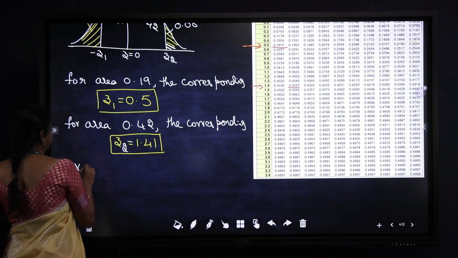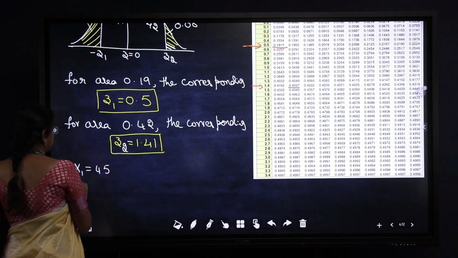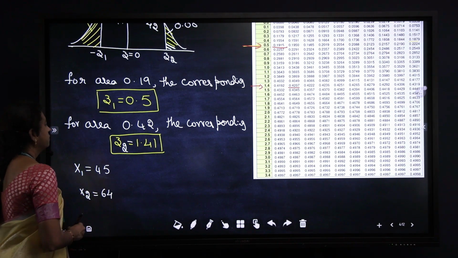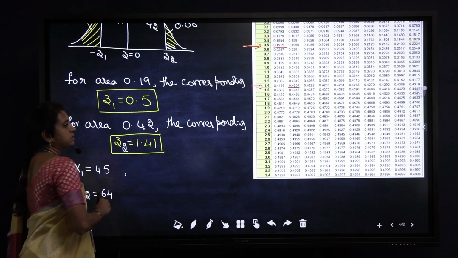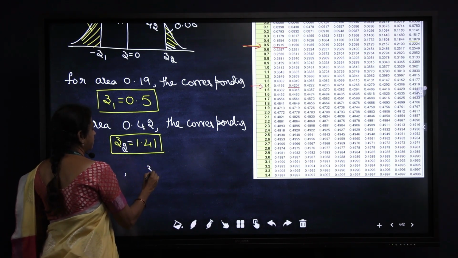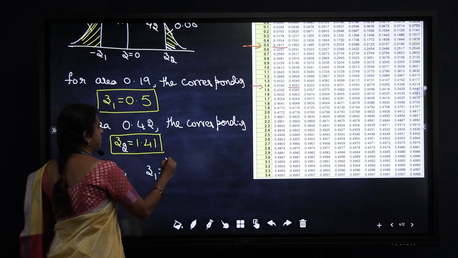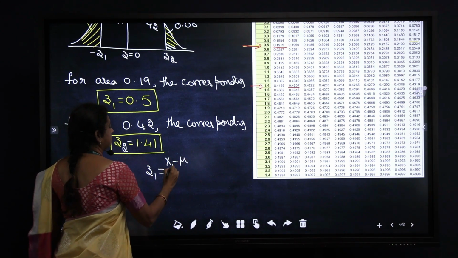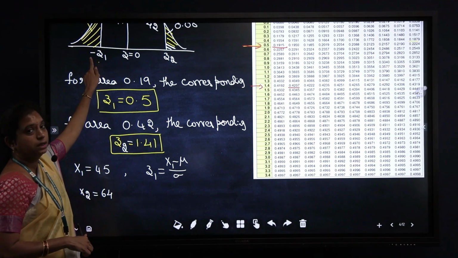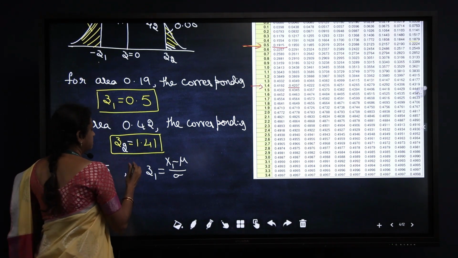x1 is 45 and x2 is 64, right? So we'll use the formula. Here z1 is equal to x1 minus mu by sigma. Since this z1 is on the left hand side, I'll take it as minus.